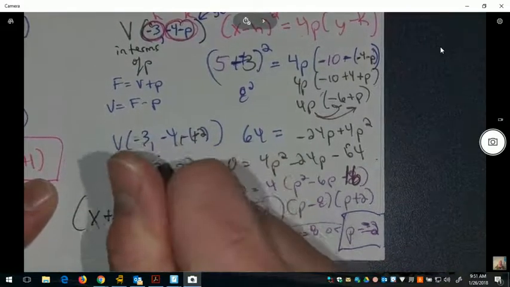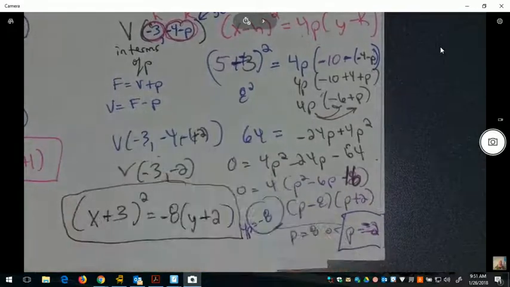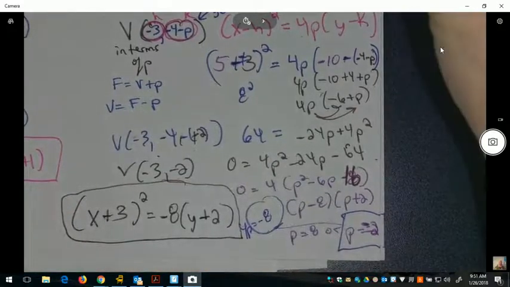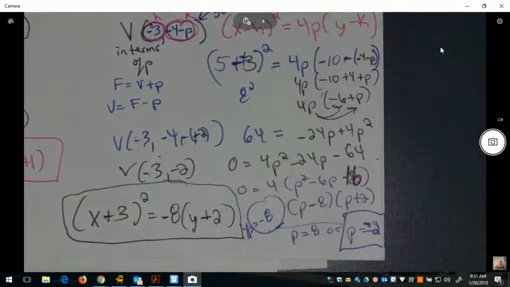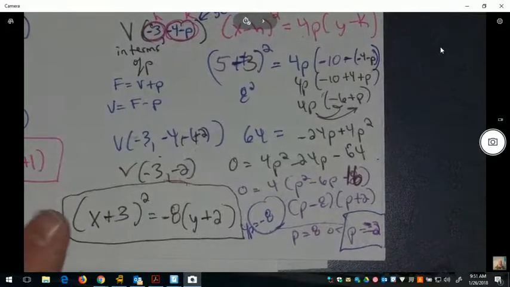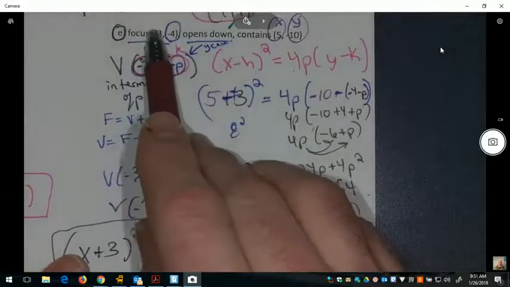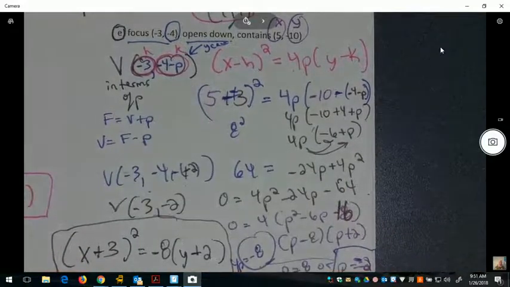And the 4p will be a -8 in front. Questions on this problem? So when you get stuck on this one, you have to remember to start by writing the vertex in terms of the focus and p. Focus minus p to get your equation.